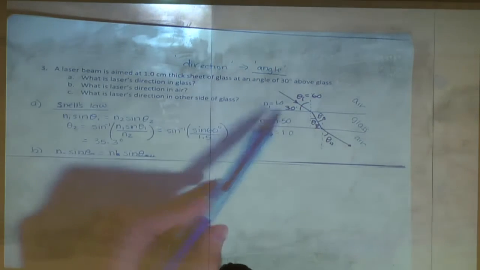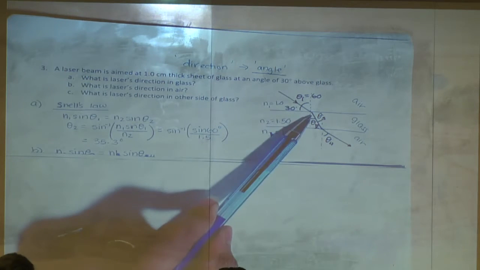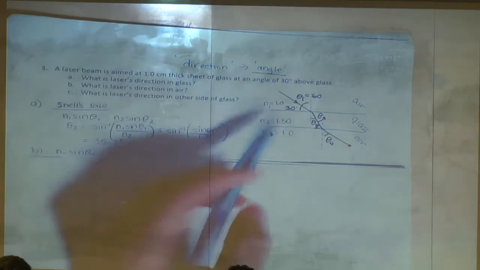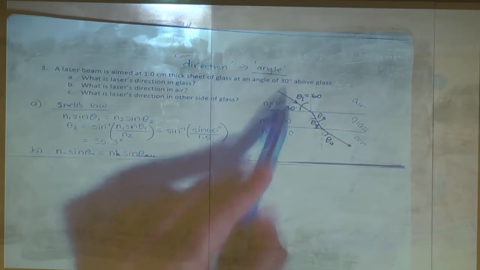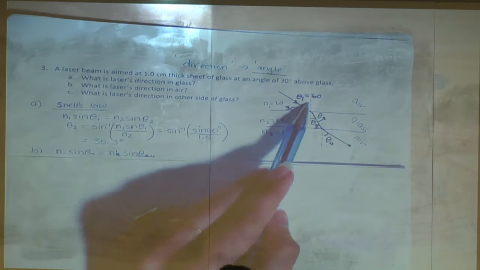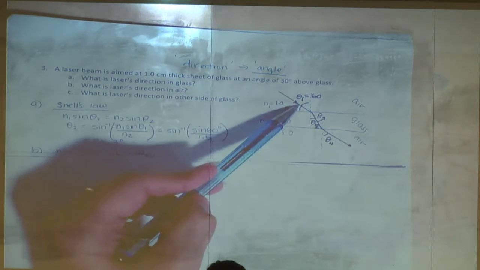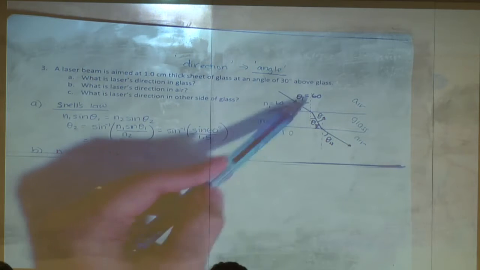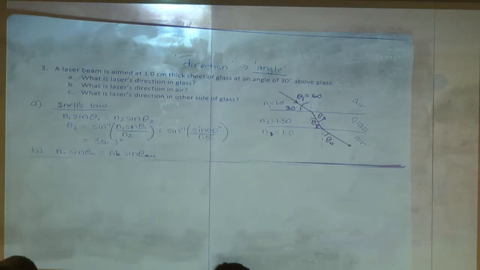Okay, so we have the angle of incidence right here, which is 60, because the angle of 30 is above the glass. So this has to be 30. This can't be 30. Every time we draw our angle of incidence, it has to be the one closer to the normal. So the dotted line, yeah, that's the normal.